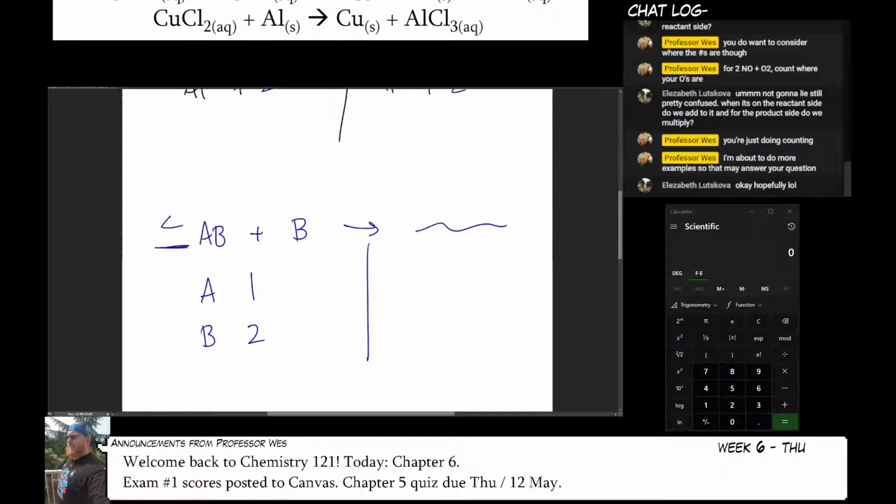Well, if I put this number here, you aren't going to say, oh, there's 4B, because you got to count this one too, right? So there's actually 5. So when you have multiple sources of different elements, make sure that you are adding all of those elements together.